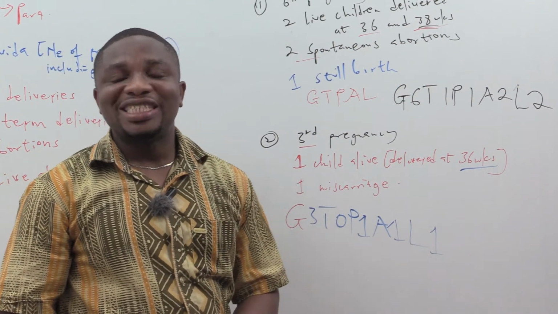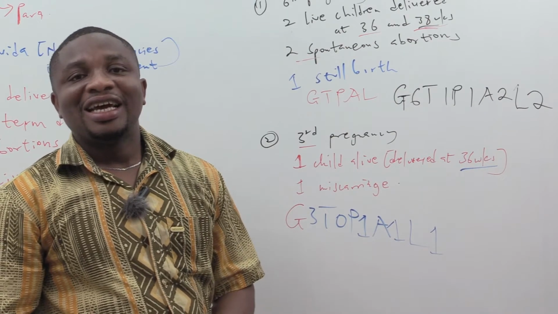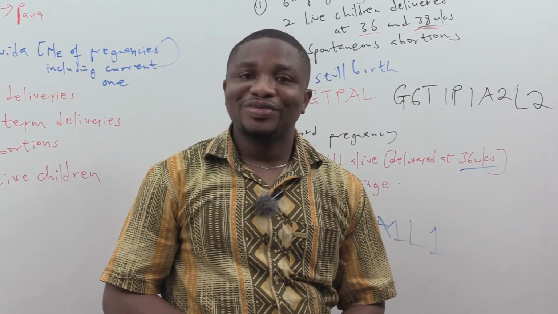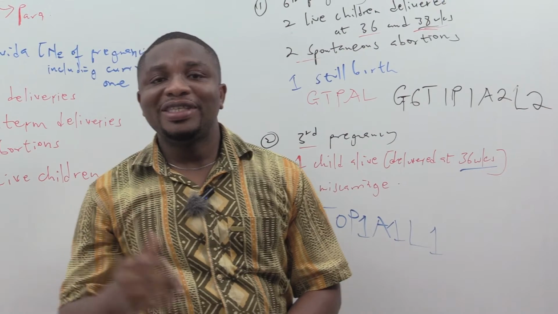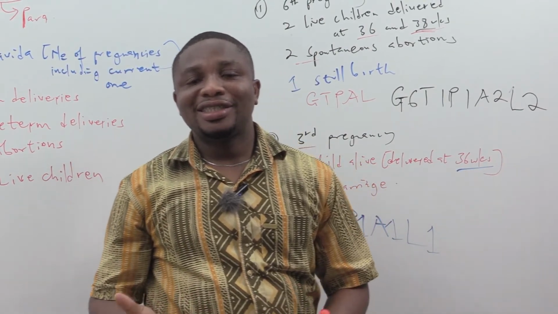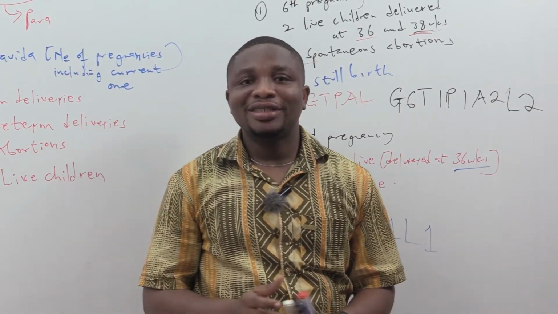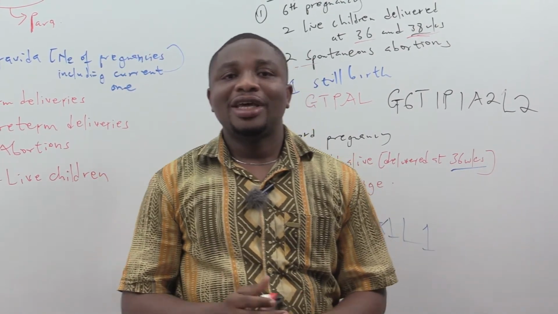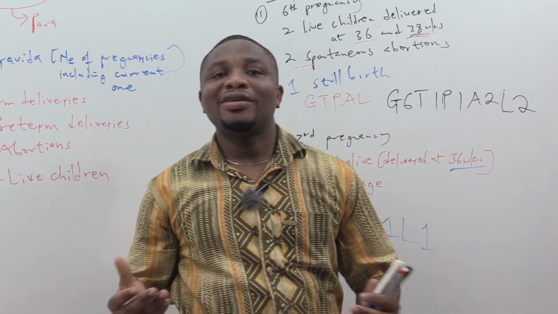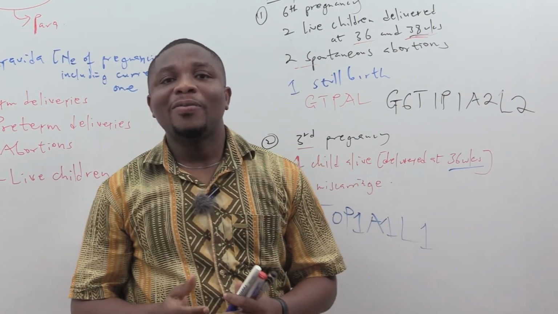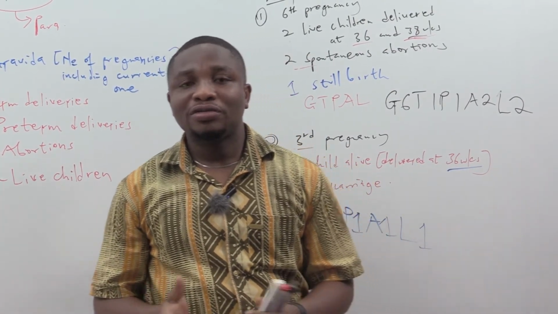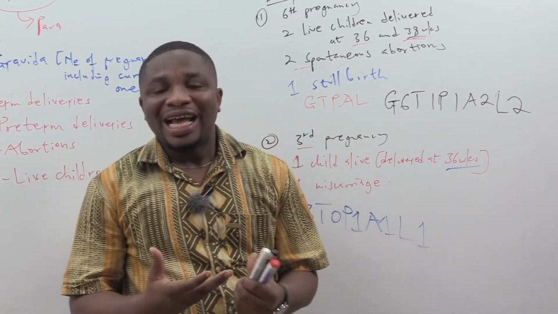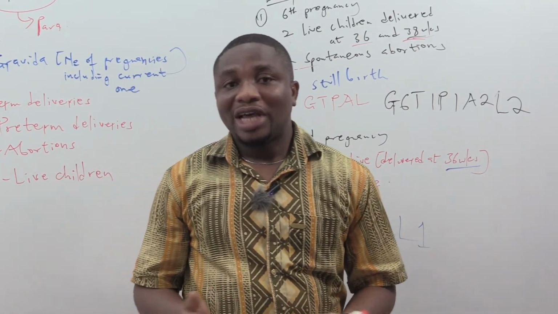And I believe we've learned something new today. Finally, before we conclude, the good thing about knowing the parity formula is that should you, as a man, go to the hospital with your wife and you hear gravida 5 para 0 plus 4, then you should be asking questions. That is, are you aware?